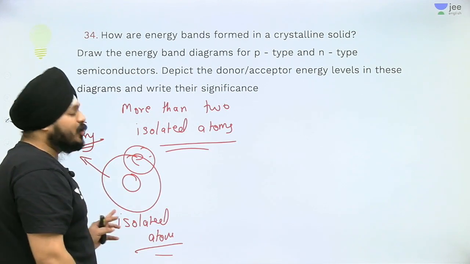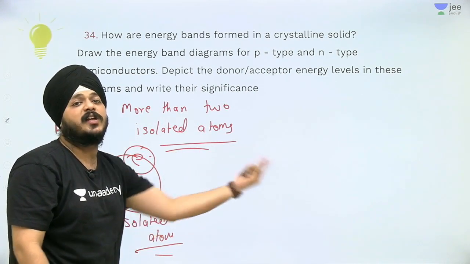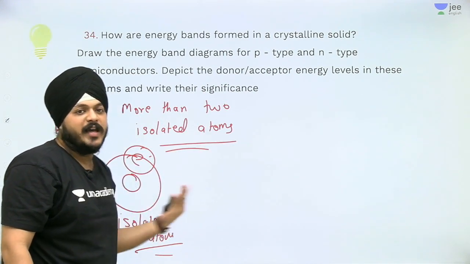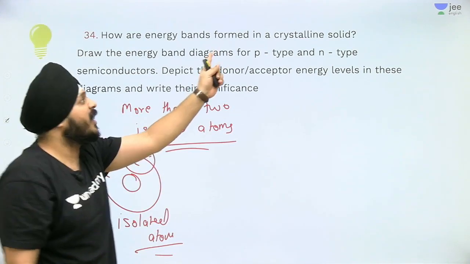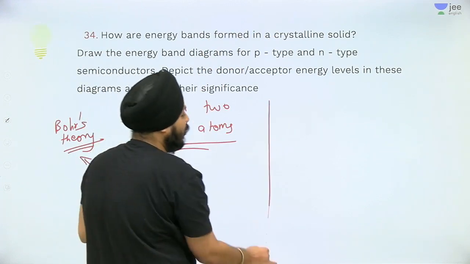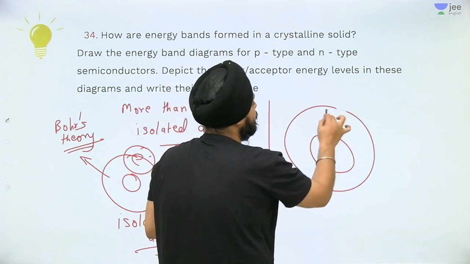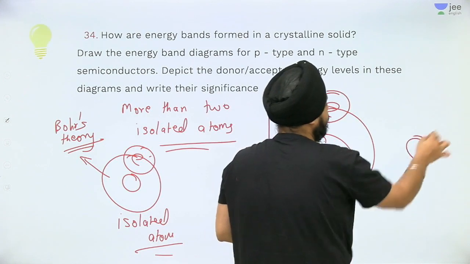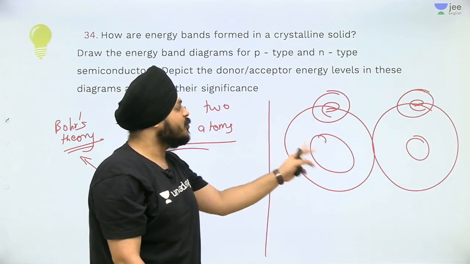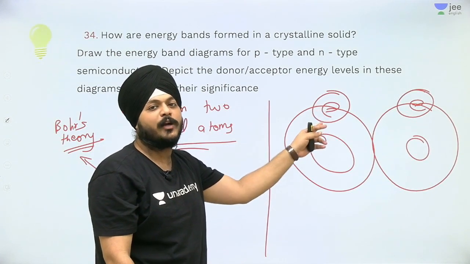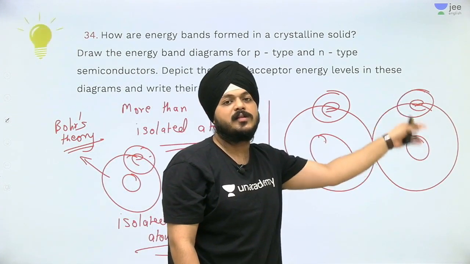But in an isolated atom, we do not have any kind of external foreign forces. But if I am talking about crystalline solids, suppose this is a nucleus, this is an electron, this is another nucleus, this is another electron. There is an attraction between this nucleus and its electron, and again between this nucleus and its electron.